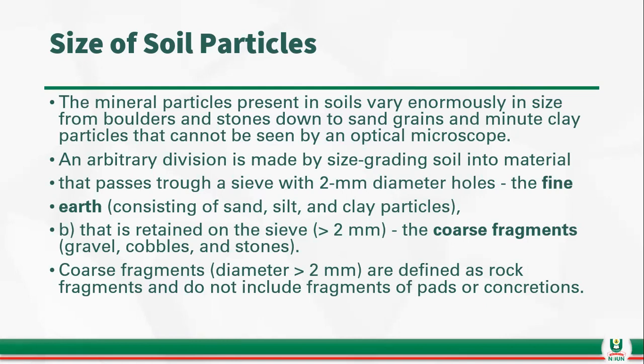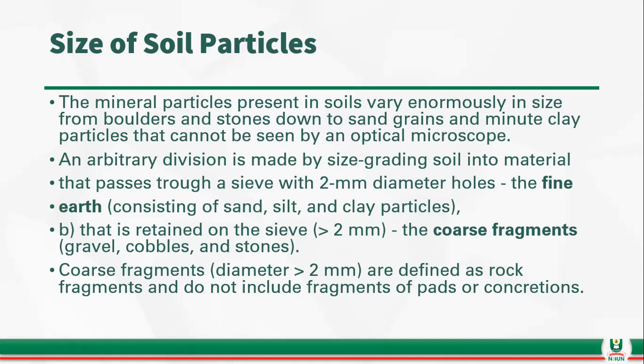Yes, those are not soil because they cannot pass through a 2 millimeter sieve. If it passes through a 2 millimeter sieve, then it becomes soil. And they also vary into what we call sand, silt, and clay, which all have different varying sizes.